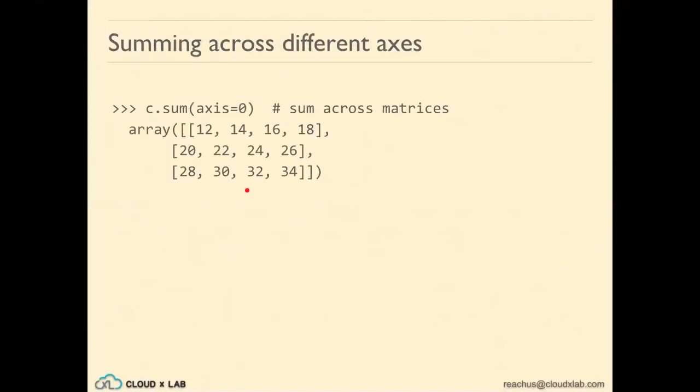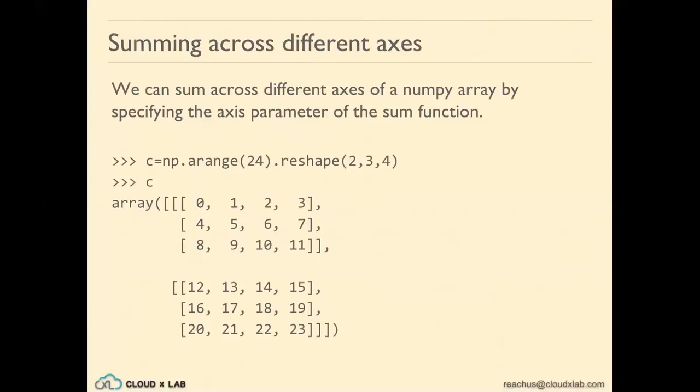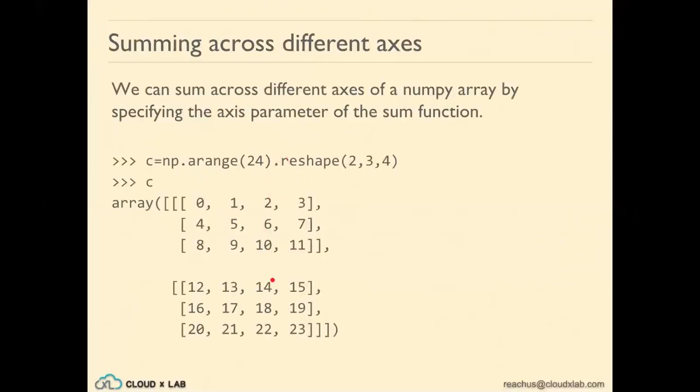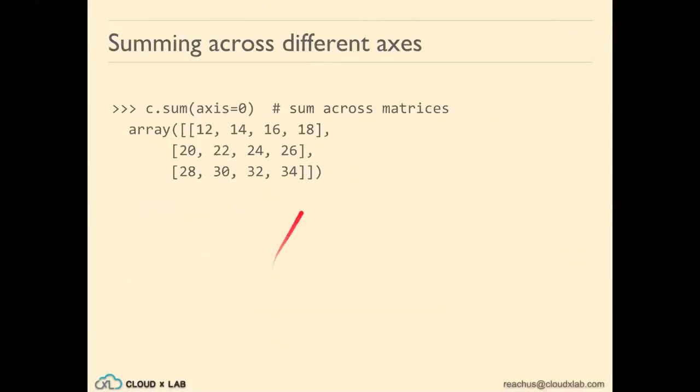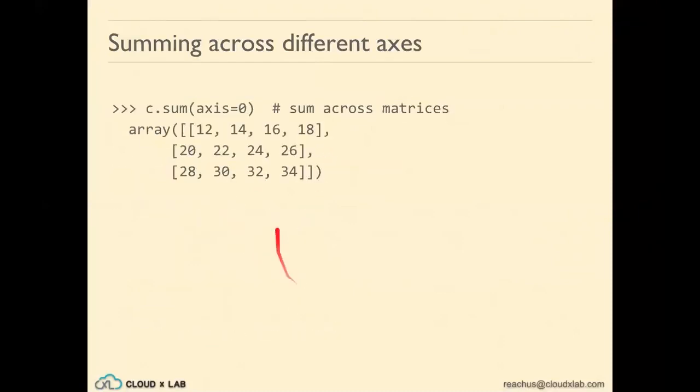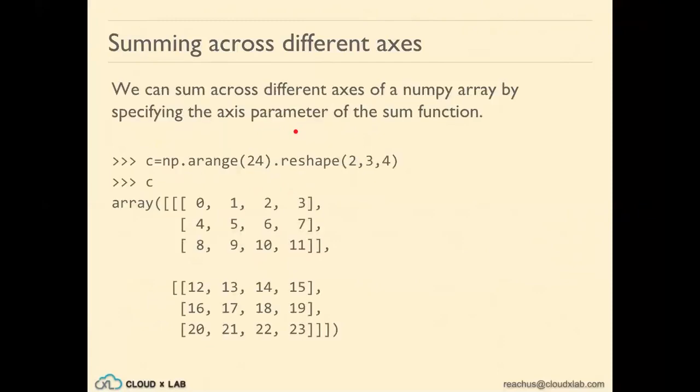You can see that here it's adding 0 and 12, then 1 and 13, then 2 and 14, and then 3 and 15. That's what is going on. Axis 0 means the 0th axis, which is the first one, and it's adding along that one.